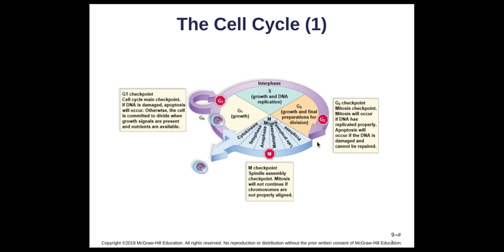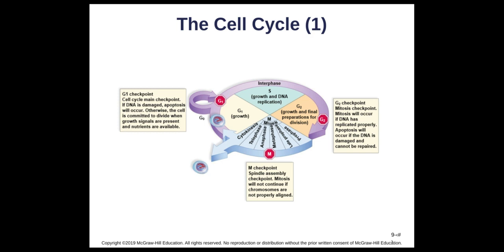Then we'll go through the mitotic phase, which includes prophase, prometaphase, metaphase, anaphase, telophase. And then we go through cytokinesis, where we're splitting up the cytoplasm and the organelles. And then it heads back into growth.